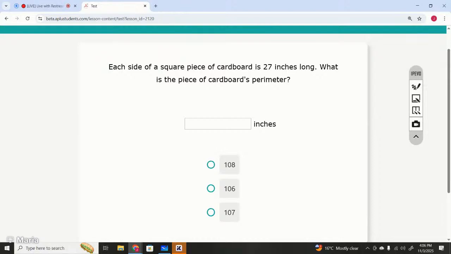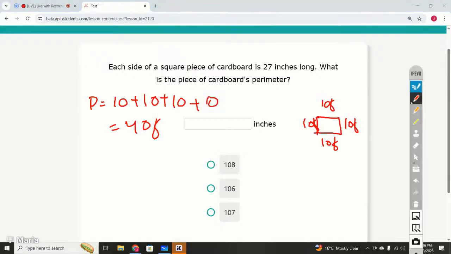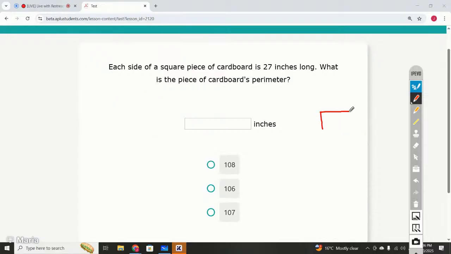Each side of a square piece of cardboard is 27 inches long. What is the cardboard's perimeter? So each side is 27 inches, right? So you need to calculate the perimeter. So for the perimeter, you need to add all the side lengths. So 27 plus 27 plus 27 plus 27.